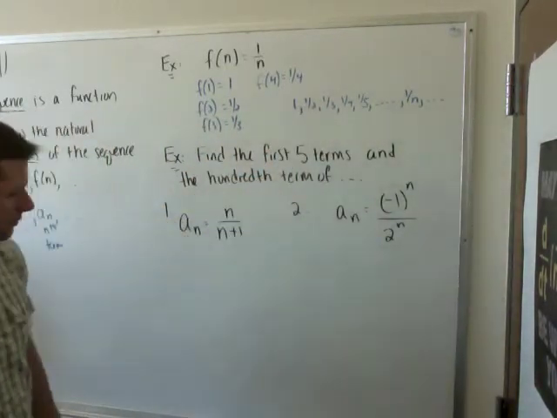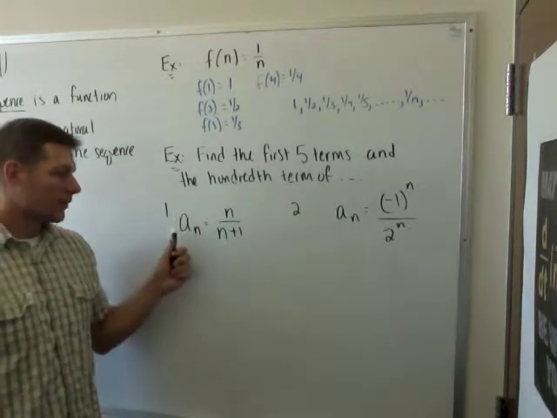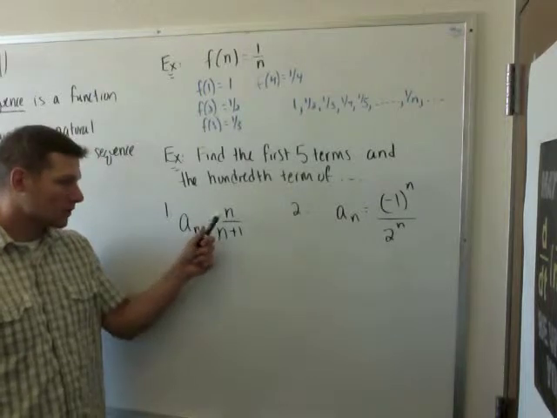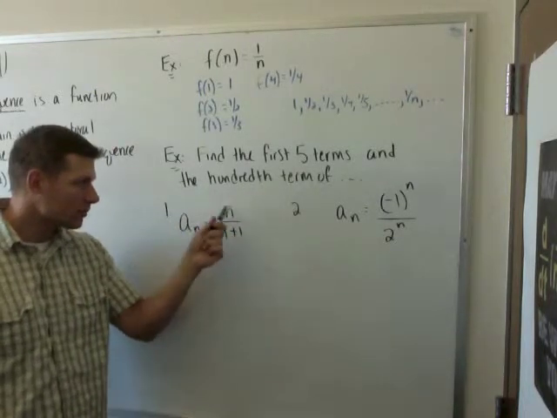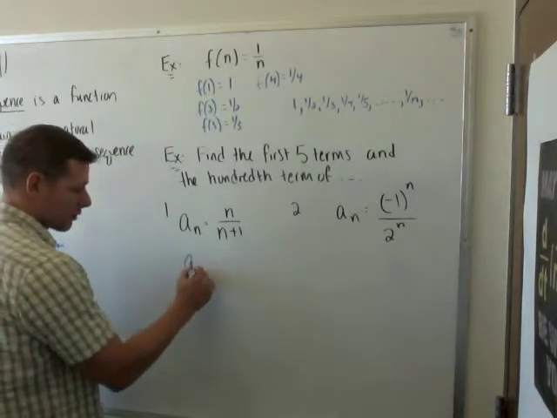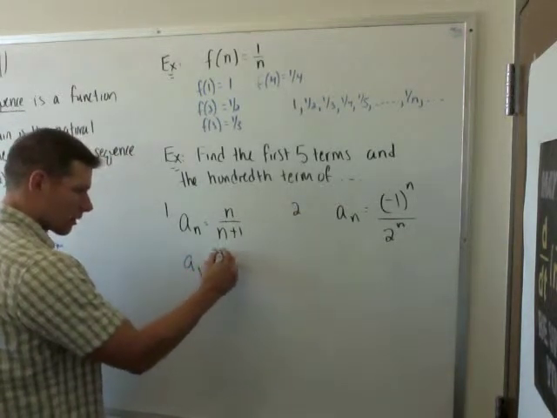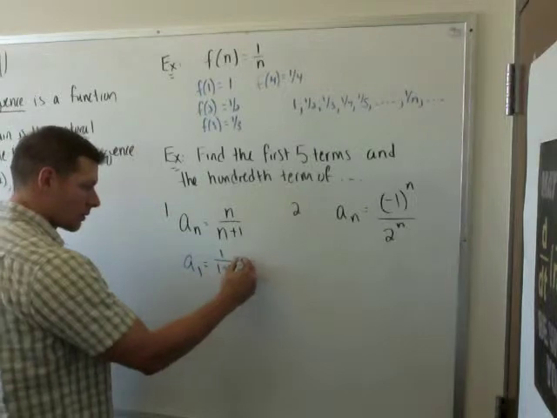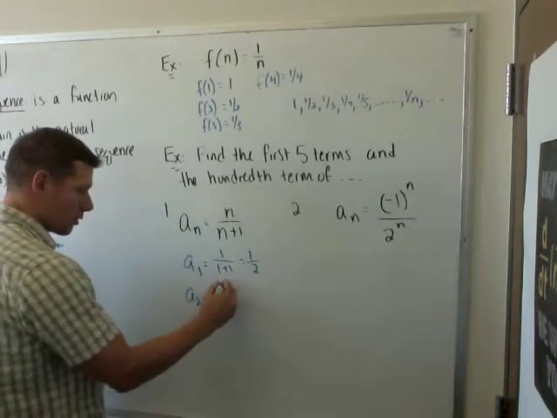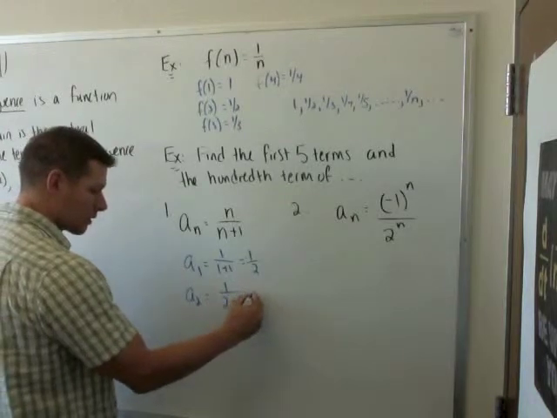All right? Now, I've defined formulas for the nth term. This is a sub n. So the nth term looks like this. Find the first 5 terms and the 100th term of the following. So what's the first term? a1. If I put in 1 for n, I'll get 1 over 1 plus 1, which is 1/2. There's the first one. a2, 1 over 2 plus 1.